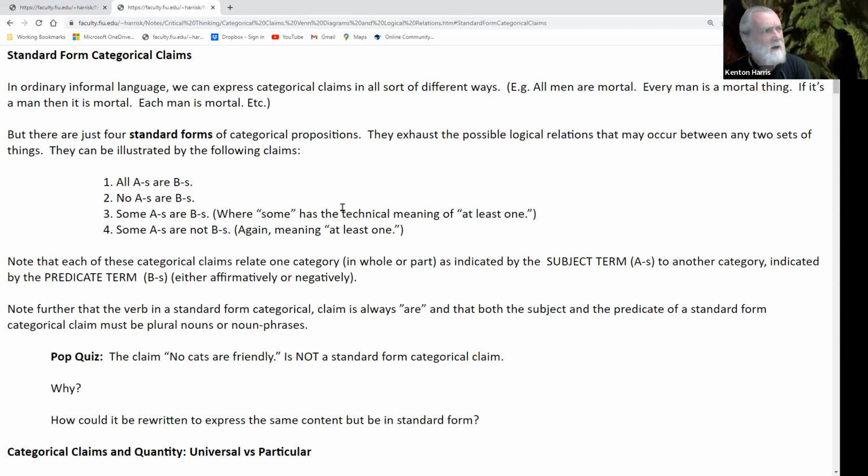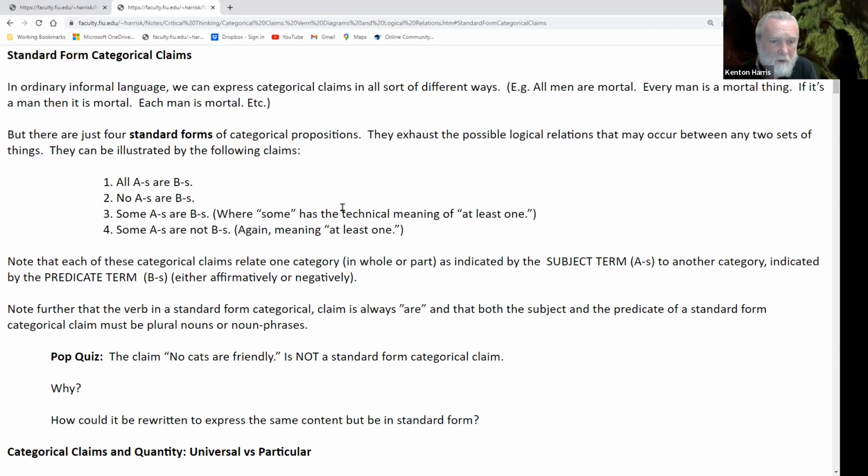Likewise, if I said, no cats are friendly, that's not a standard form categorical claim. Friendly, again, is an adjective. But if I said, no cats are friendly things, right, that would be fine. Or if I said, all bananas are fruit, all right, that's fine. Fruit is a plural noun, right? So those would be okay.